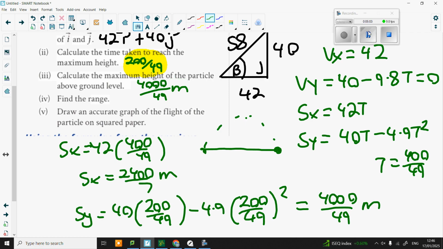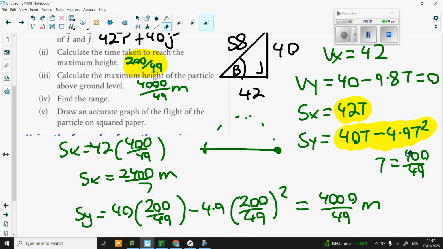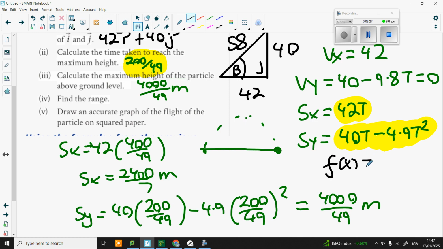Meters, yeah? Okay. I don't think I'm going to bother with the graph this time, but we'll show you how to get the points. Can everybody, using your calculator, do the following two functions? Can you do 42t and 40t minus 4.9t squared? So if you're entering them into your calculator in table mode, it will look something like this. You'll write f of x equals 42x.